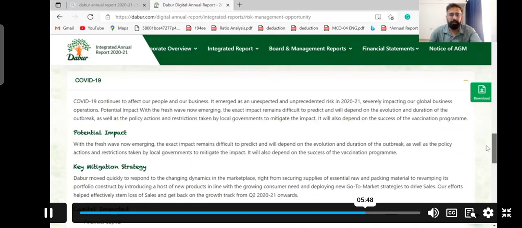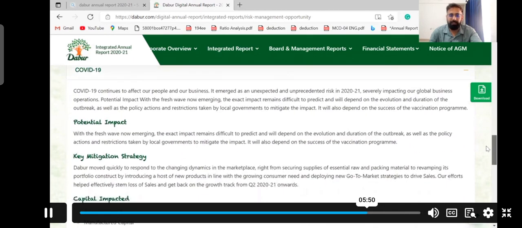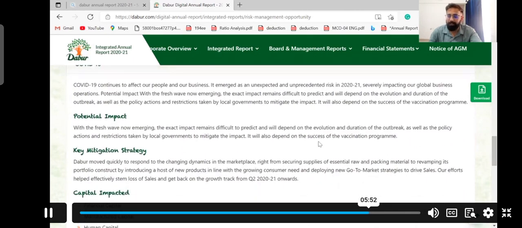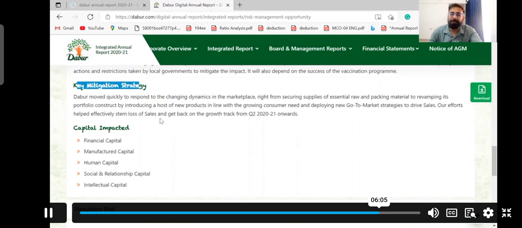Now the potential impact. They are telling you how they got impacted by COVID-19, right? What was the impact? Then what strategies they followed to mitigate or remove the risk. Here each and every thing is given. Capital impacted: what capital got impacted because of COVID-19? Financial capital.